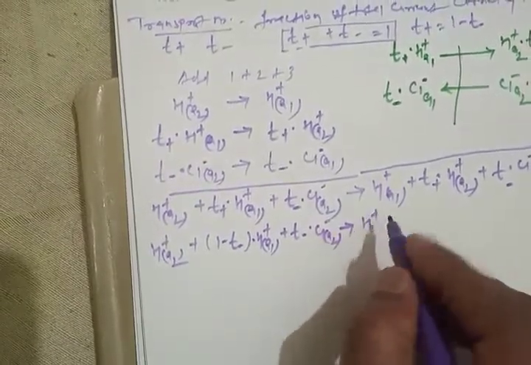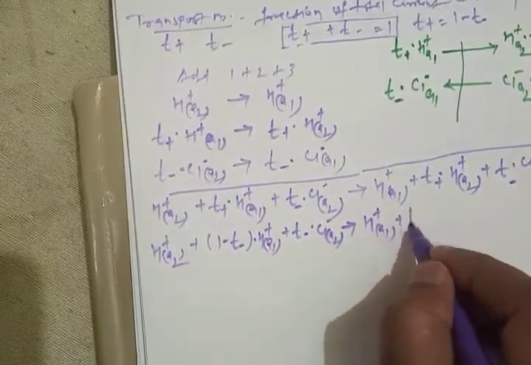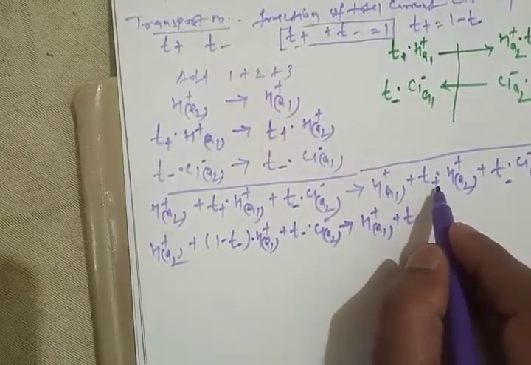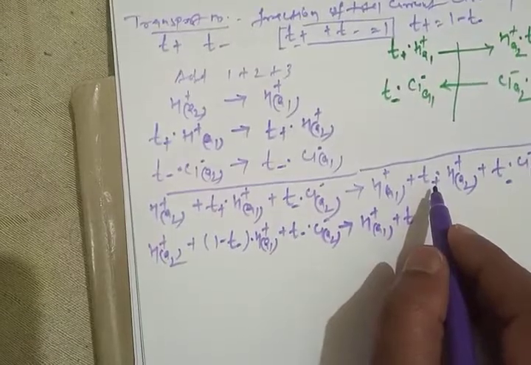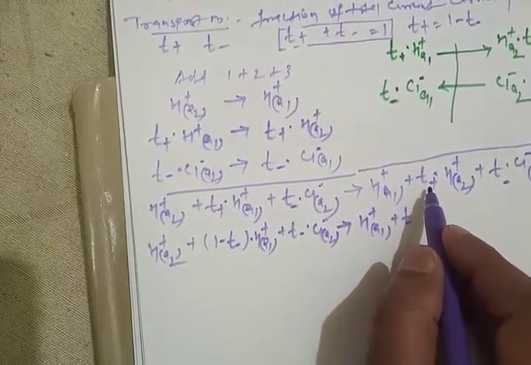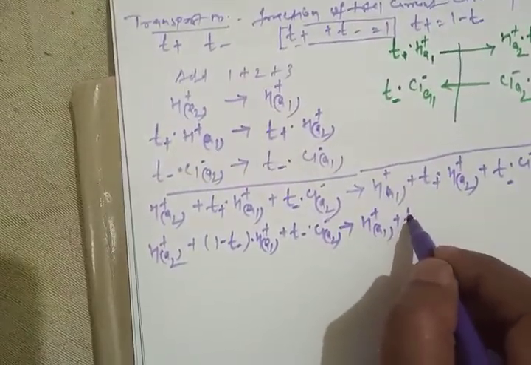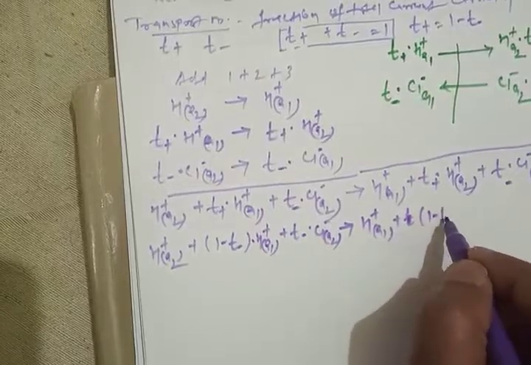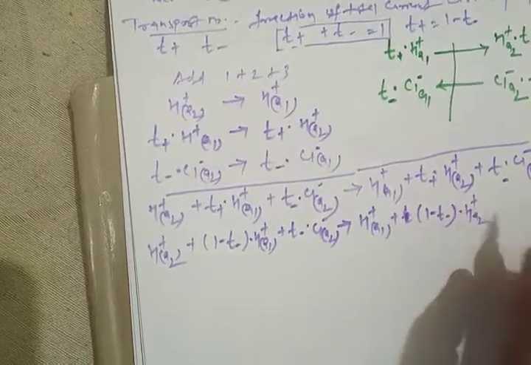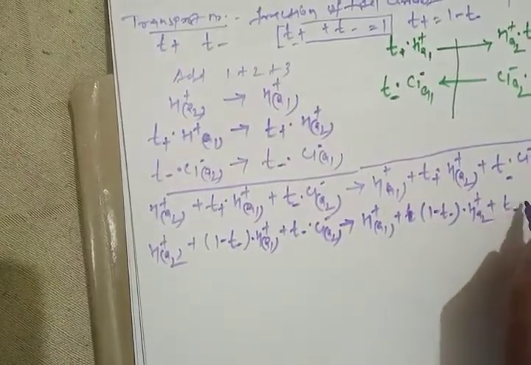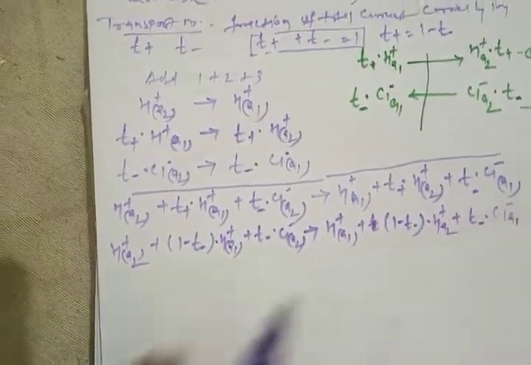Here H plus A1, T plus, at this T plus we will write 1 minus T minus, and then again H plus A2, T minus Cl minus A1.